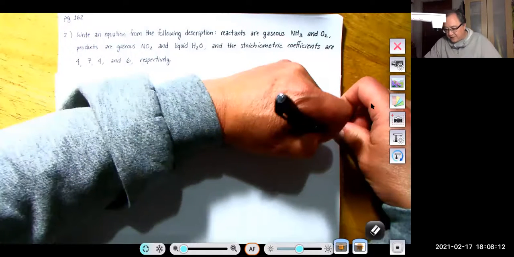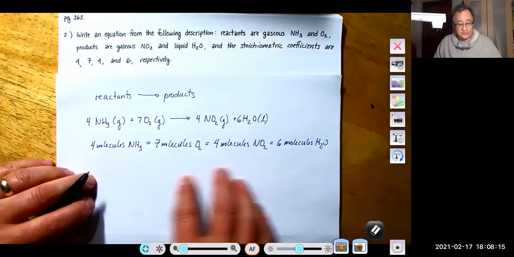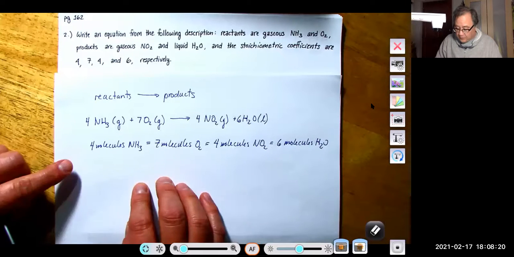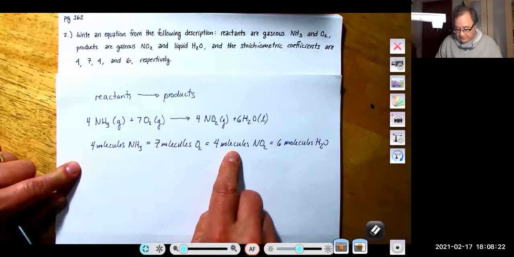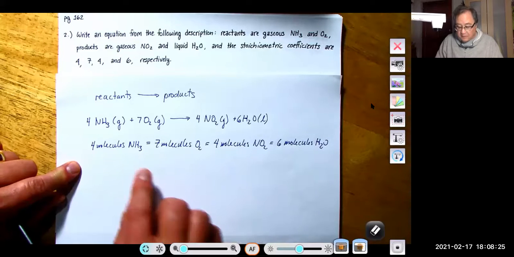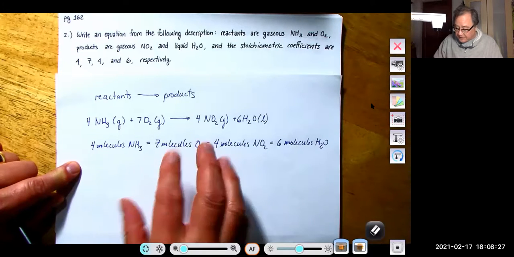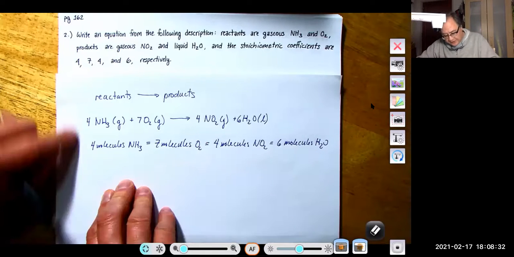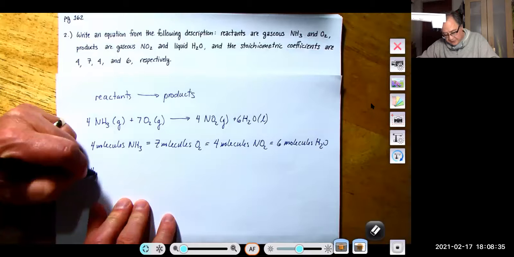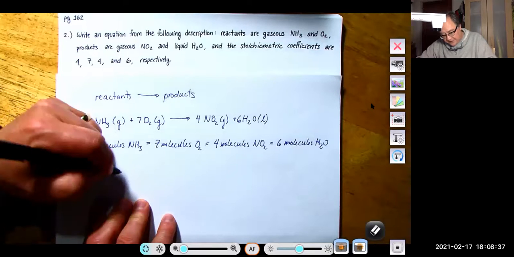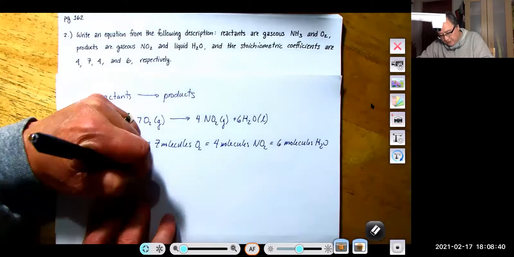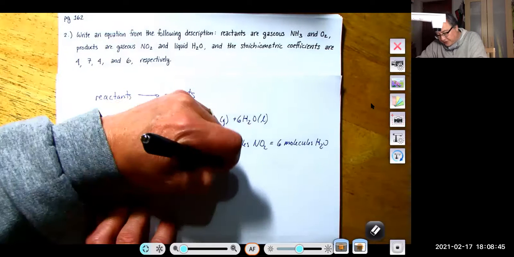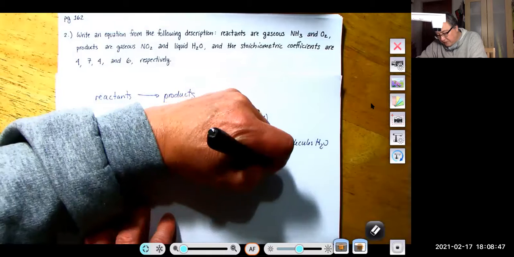Now, we're not really saying they're equal to, we're saying it's equivalent to, meaning if you started with 4 molecules of NH3, you would expect to make 4 molecules of NO2. If you started with 7 molecules of O2 and used them up completely, you'd expect to make 6 molecules of H2O. But this also means 4 moles of NH3 is equal to 7 moles of O2 is equal to 4 moles of NO2 and is equal to 6 moles of H2O.